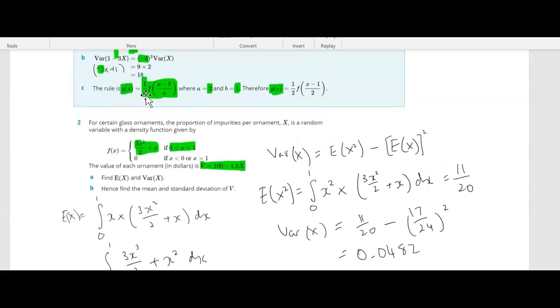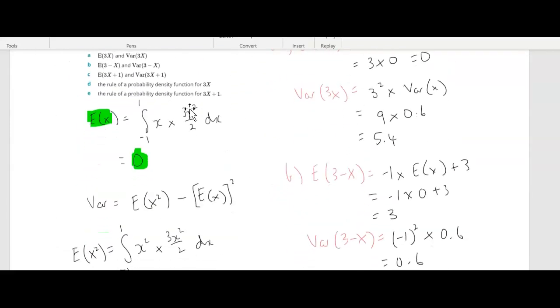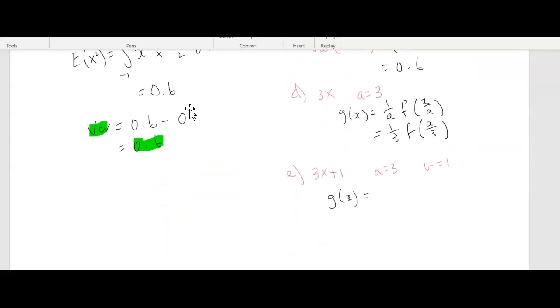All right, so it's 1 over a times f of x minus b. Similar to what we did here, but because we now have this horizontal translation, we've got to incorporate that as well. So 1 over 3 times f of (x minus 1) over 3.